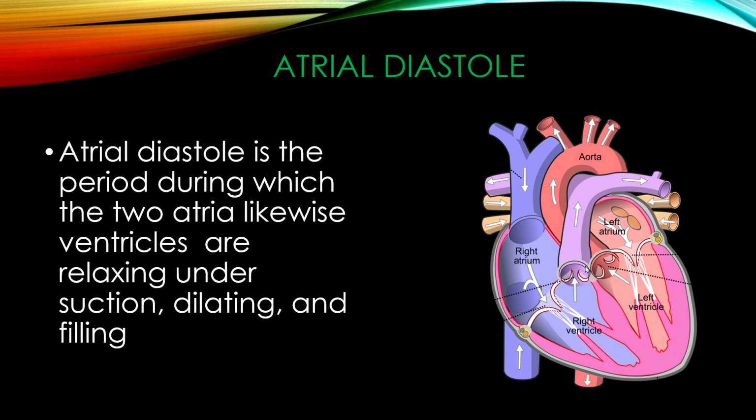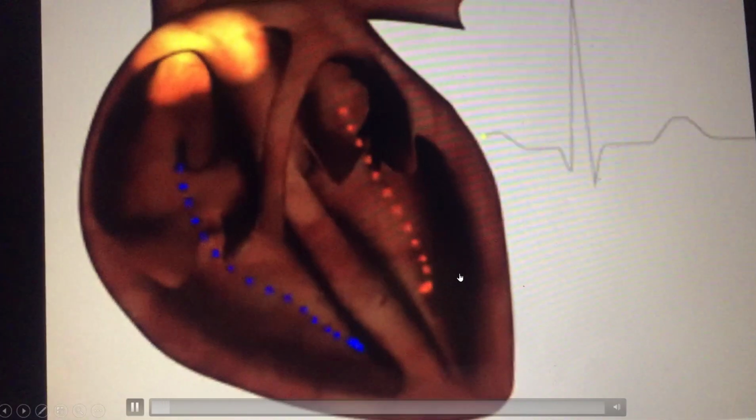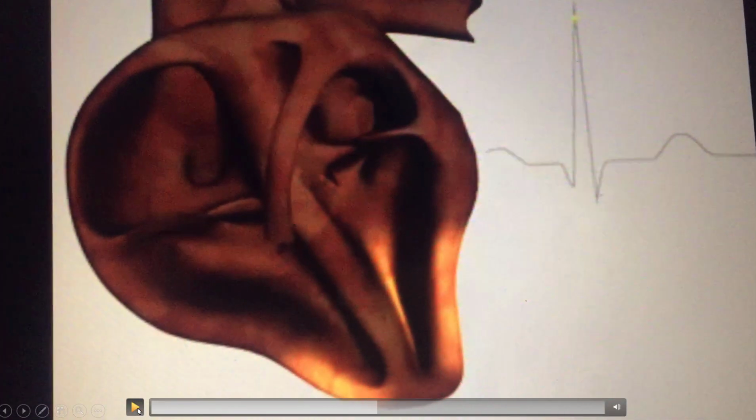This is the phase in which atrial dilation occurs, and there is filling of blood from the pulmonary veins and the inferior and superior vena cava. So during this period both the atria are refilled with blood.